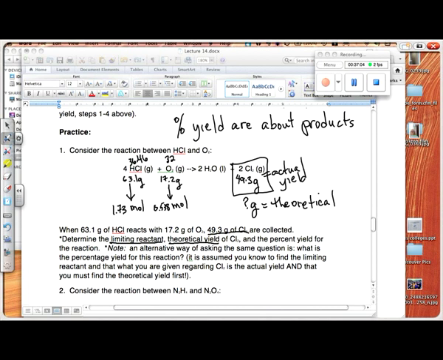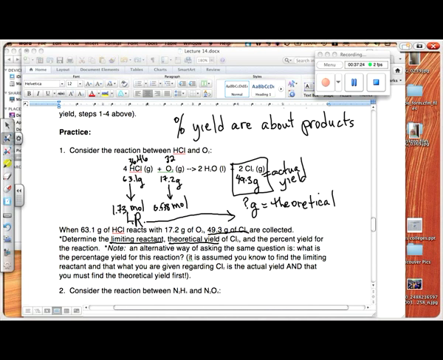When I divide by 4, I get 0.433 here for HCl. Don't want to write it down because I'm not going to use that number. This is my limiting reactant. I get a smaller number when I take the amount in moles divided by its coefficient versus this one. All right, so I have to use this to calculate the grams.